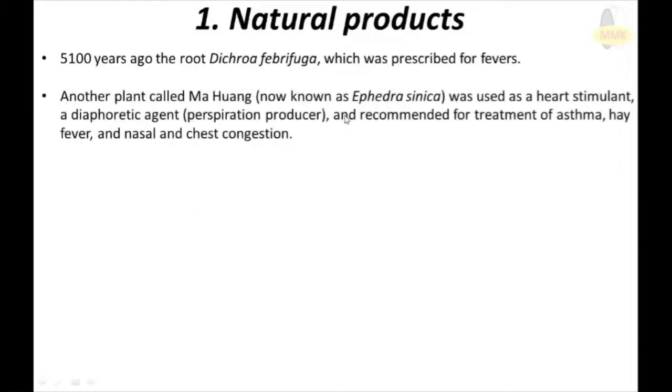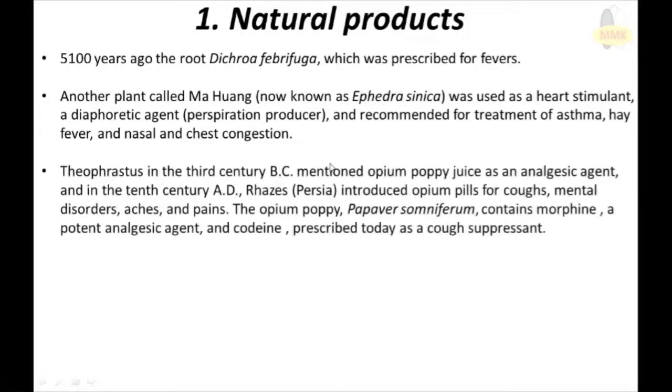Another one is mahuang, or ephedra, from where ephedrine is obtained. Right now, many headache medicines contain pseudoephedrine. This was used almost 2,000 years back to treat cardiac problems, asthma, hay fever, etc., and nasal and chest decongestion.